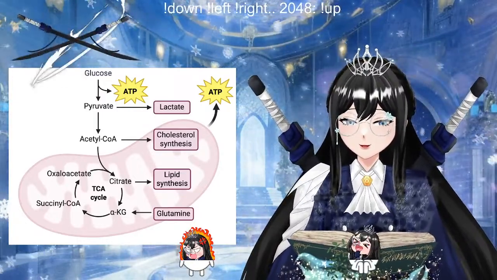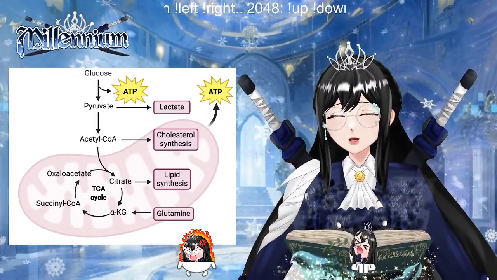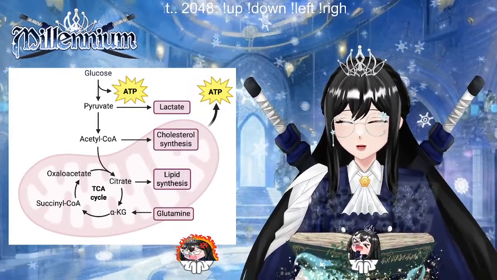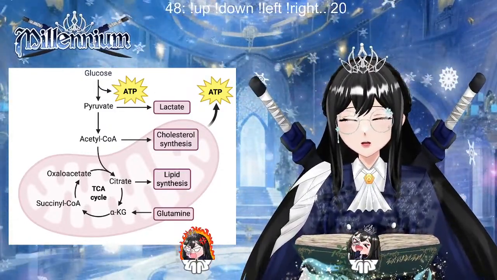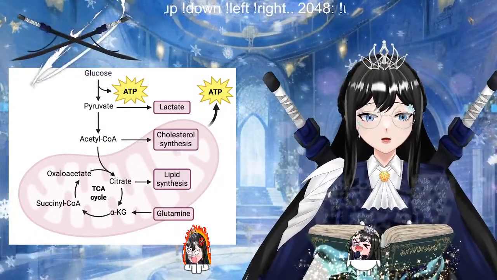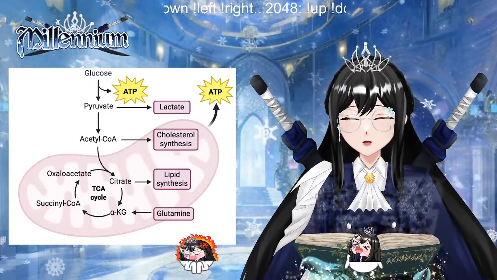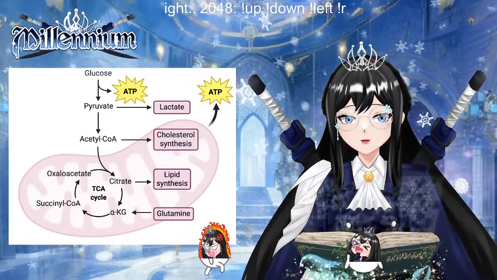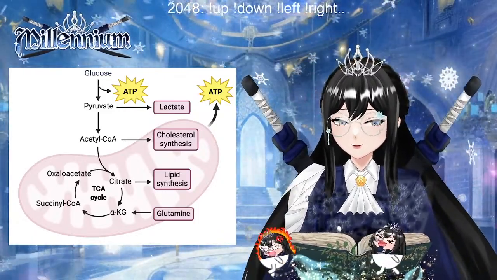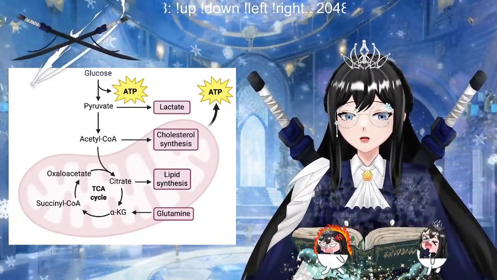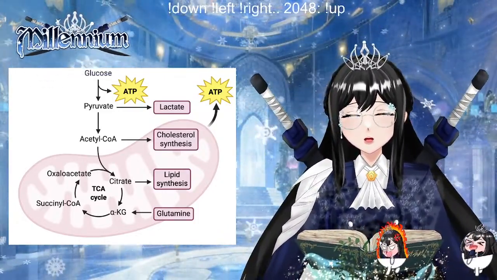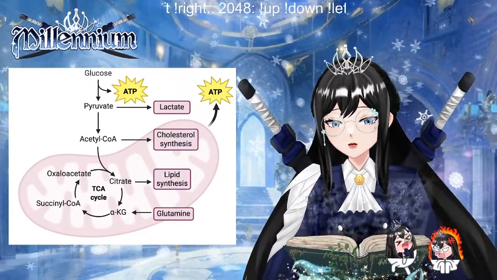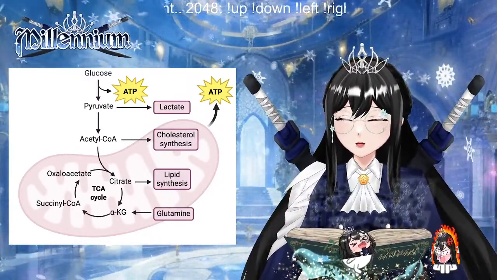All right. And now you have pyruvic acid into acetyl-CoA. And that's very important because this reaction is in the mitochondria. So, just to remind you, glycolysis occurs in the cytoplasm, but the TCA cycle or Krebs cycle happens in the mitochondria.